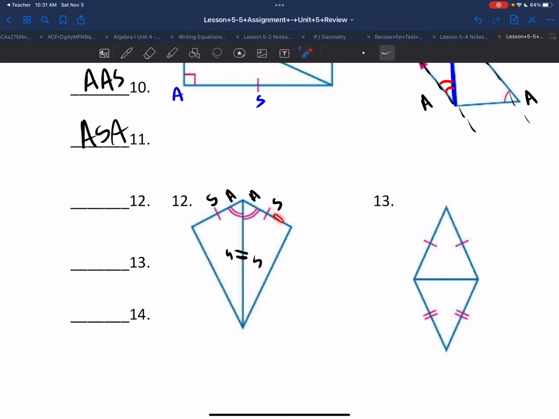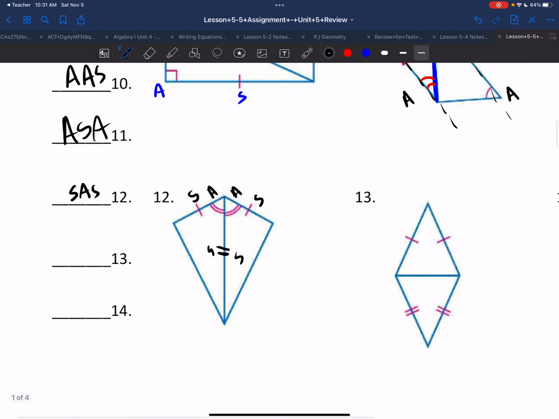It's kind of weird. Okay, yeah, I see it now. Yeah, side, angle, side. You have to read it. Sometimes when you're reading this, it's not what you're used to, but just pay attention. The angle is between the 2 sides here. If you see it, side, angle, and then side. So this is congruent because of side, angle, side.